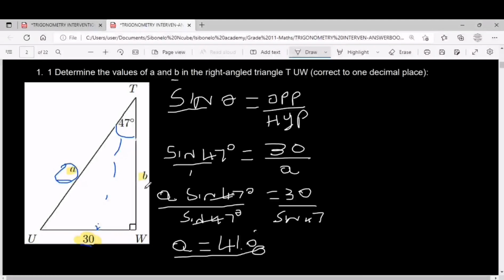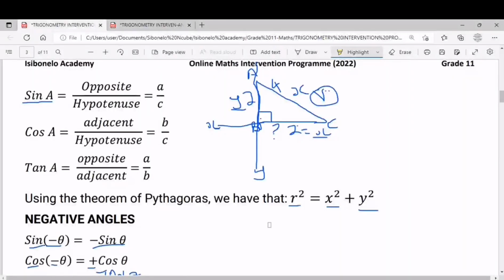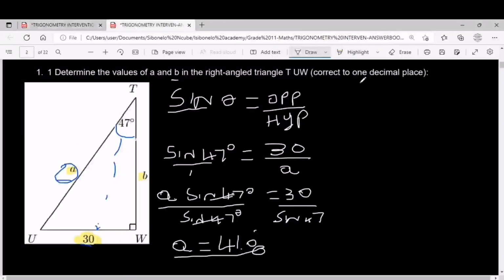So the trig function is the ratio opposite over adjacent, which is tan. So tan theta equals opposite over adjacent.